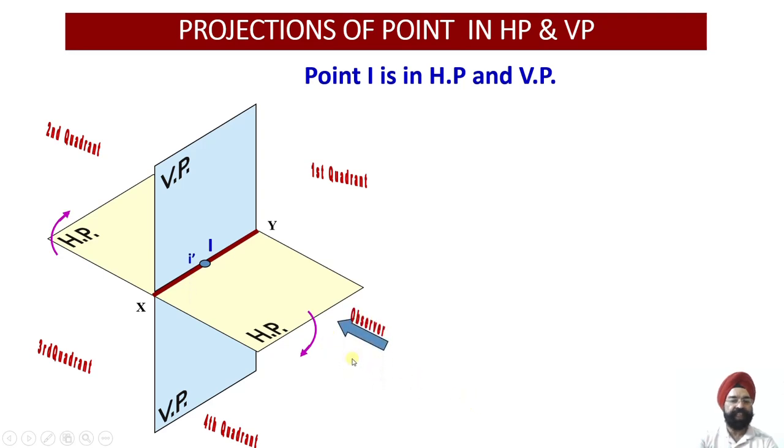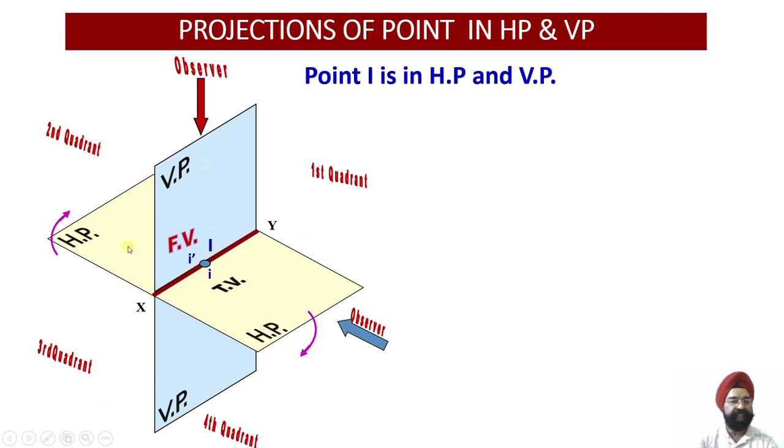So whether you look at this point from the front, you get the front view on the XY line, and whether you look at this point from the top, you get once again the top view of this point located on the XY line. So all the two projections and the original point will all coincide with each other.